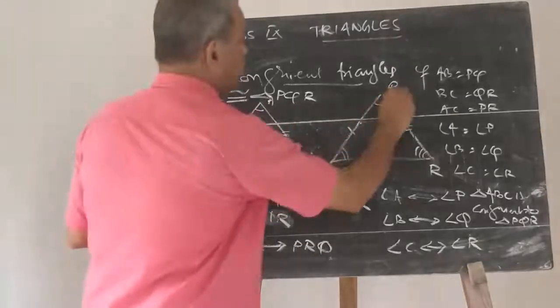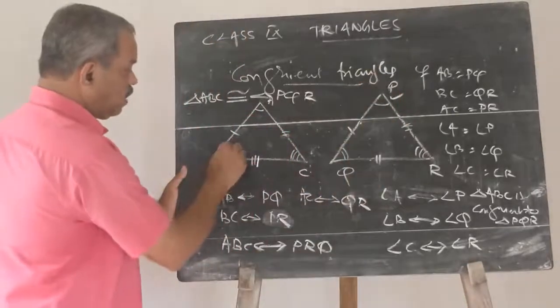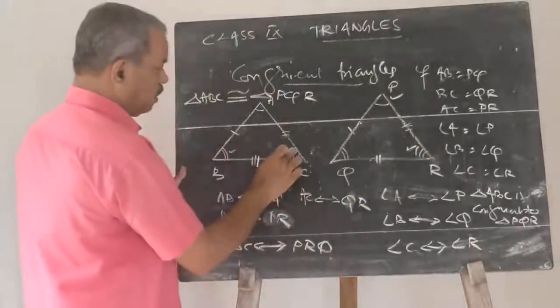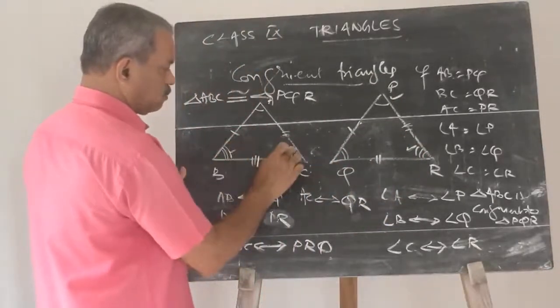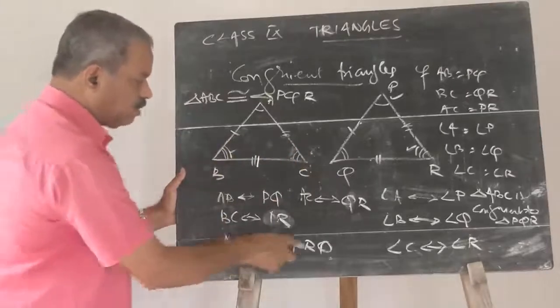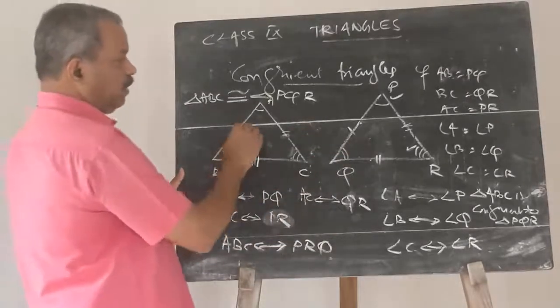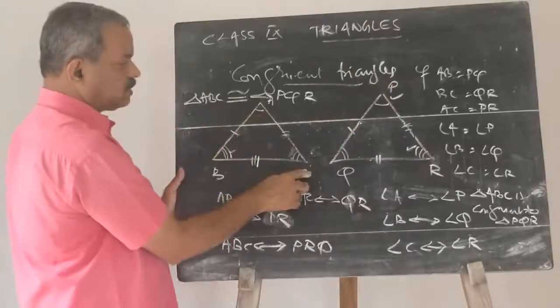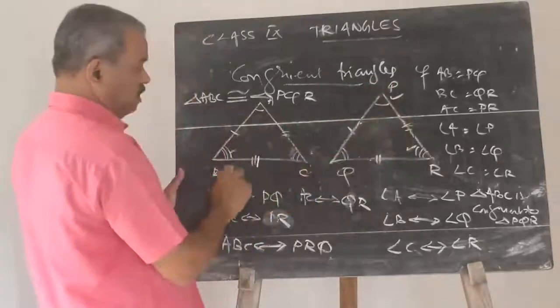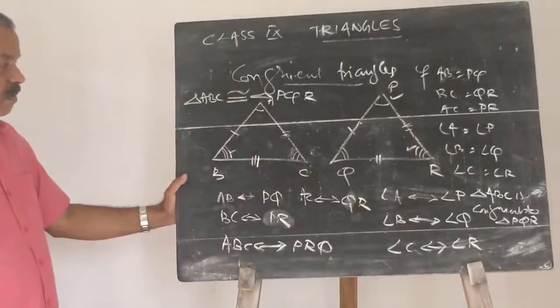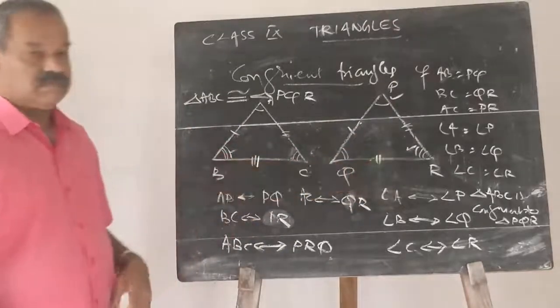Angle A equal to angle P. Angle B equal to angle R. Angle C equal to angle Q. AB, PQ. AC, PR.